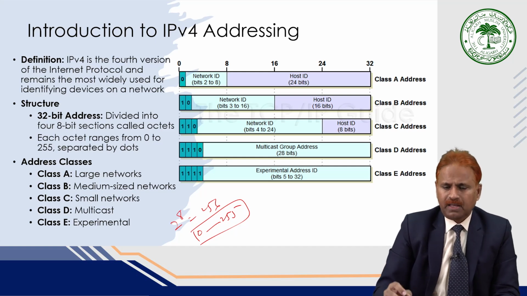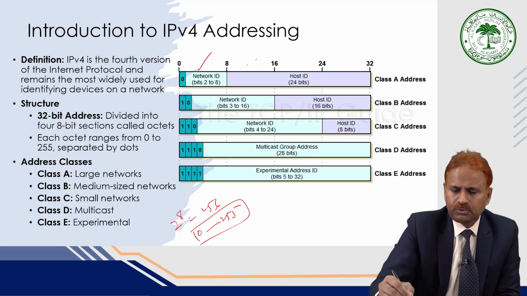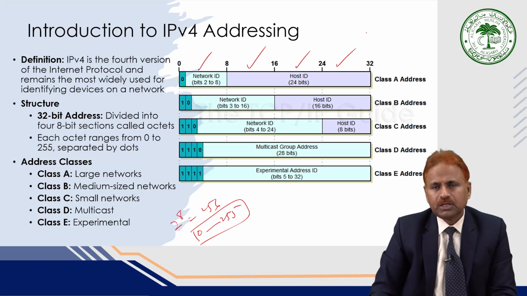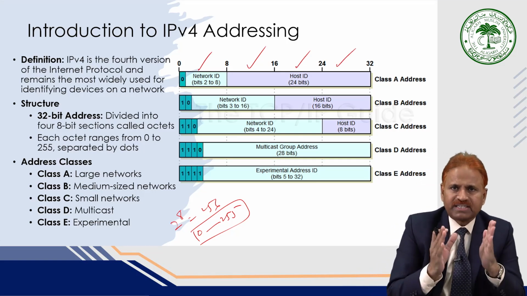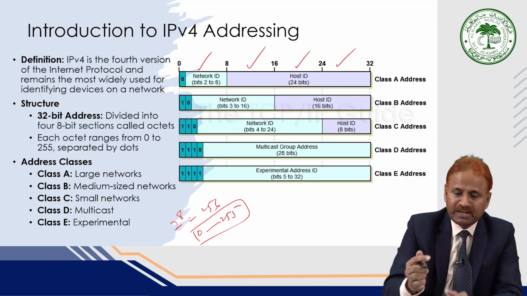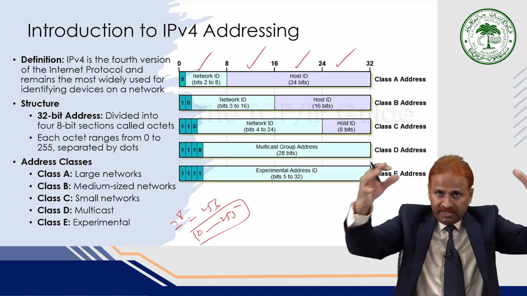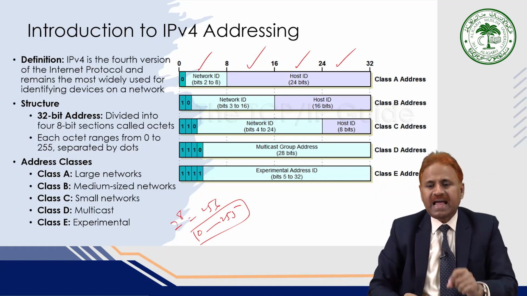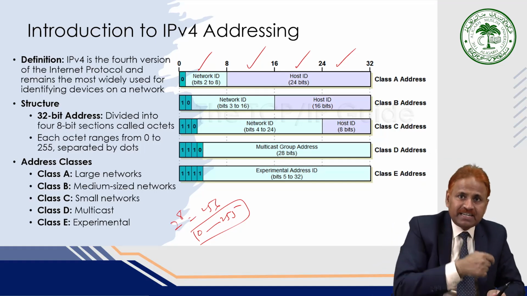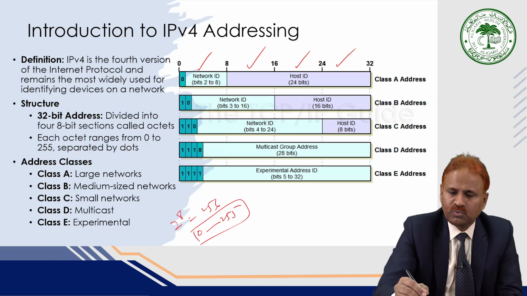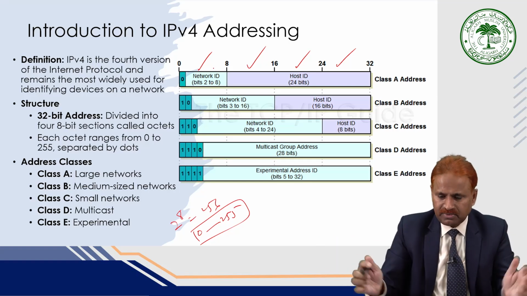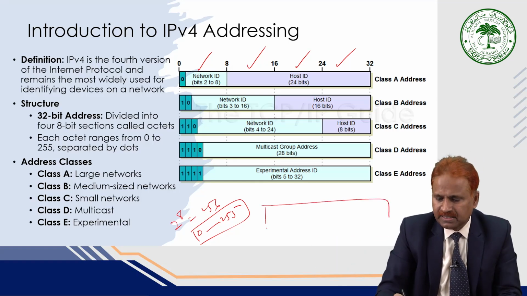You just see here, how many octets are there? 1, 2, 3, 4. Out of these 4 octets, we use 1 octet for network ID, because every network has a unique ID, and all the devices connected to it have a unique ID, the host ID. So there are 2 parts of the address, say for example 8 bits and 24 bits.